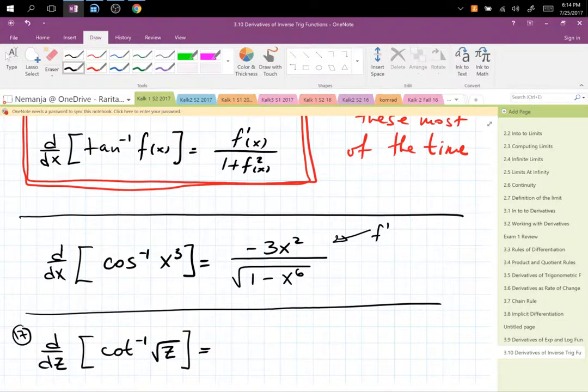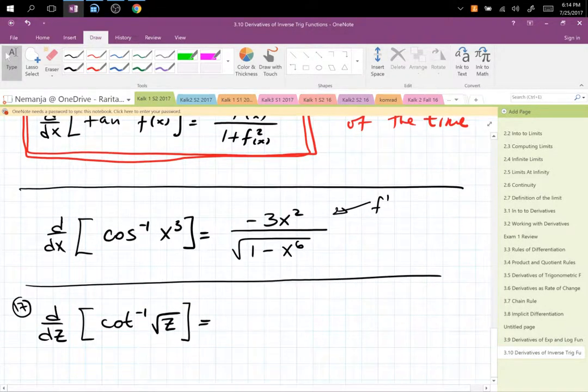So what should I write here for the cotangent? Negative 1 over 2 root z, over 1 plus z.